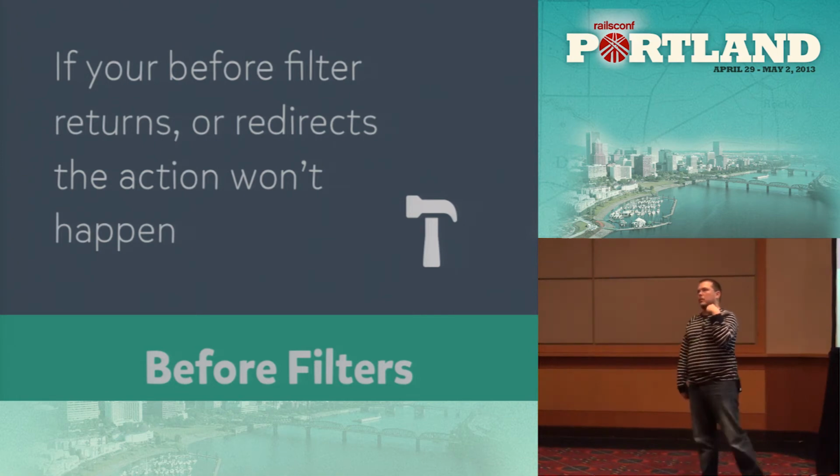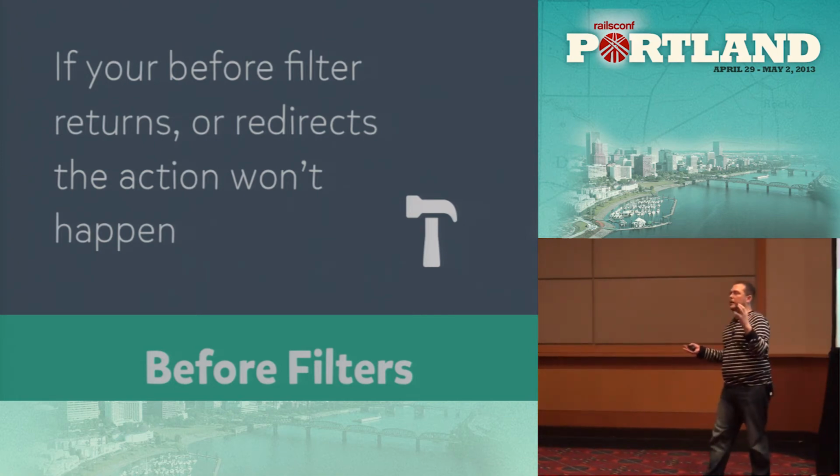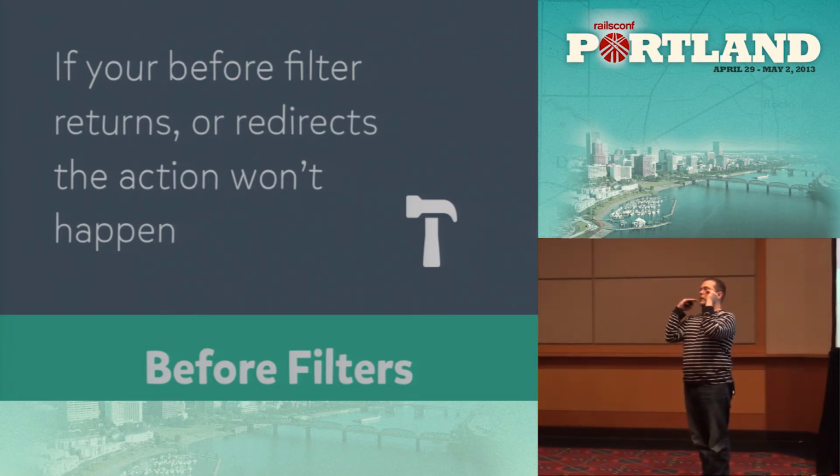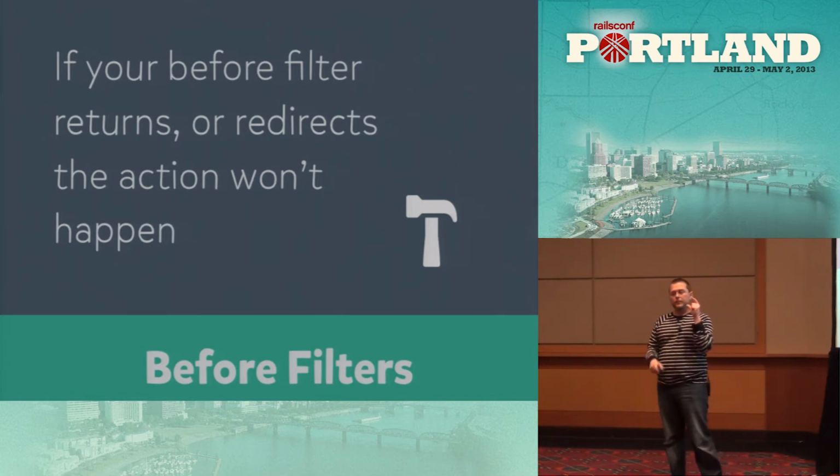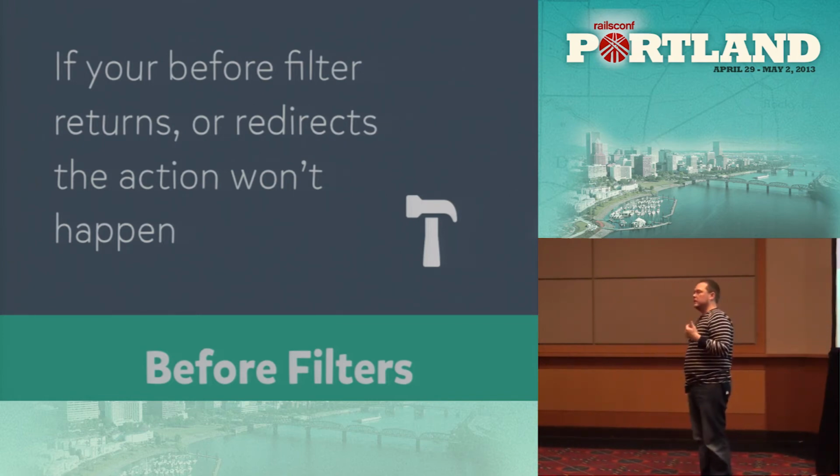Or it can help dry up your code by doing something beforehand for the new and the edit. But doing the authorization in a before filter makes a lot of sense to me.